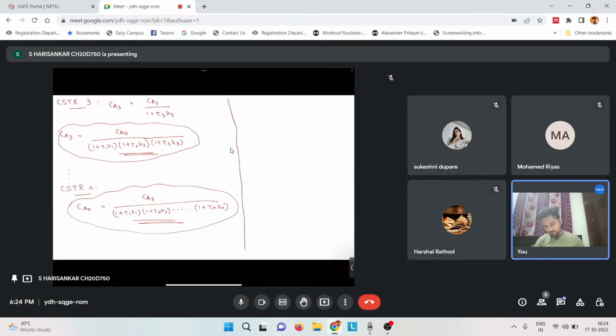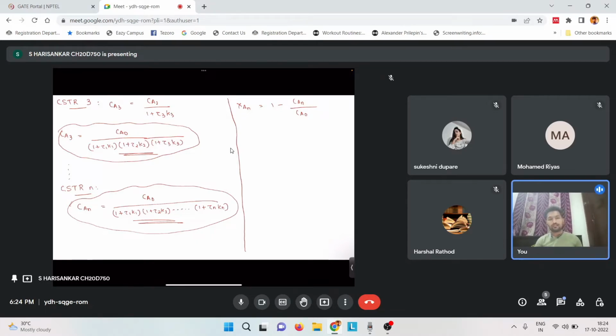From this CAN equation itself, we can write the conversion. XAN will be 1 minus CAN by CA0. Conversion is basically 1 minus the outlet concentration by inlet concentration. The outlet concentration from this n CSTR in series system is CAN and the inlet is CA0. For this CAN, we have the general equation here.